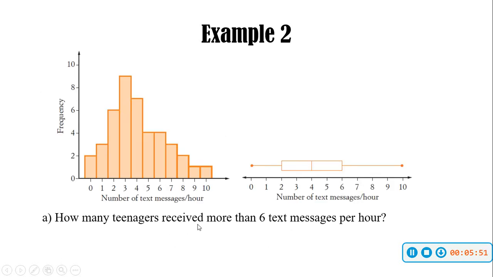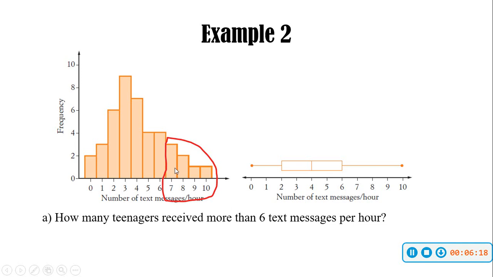How many teenagers received more than 6 text messages per hour? Now which display to use for this one? We cannot find it from the box plot because it does not give us how many text messages per hour, but we can easily find it from the frequency histogram.